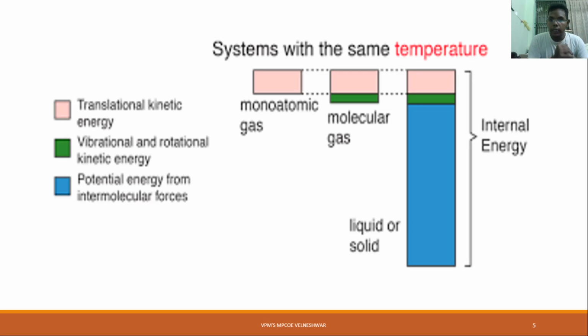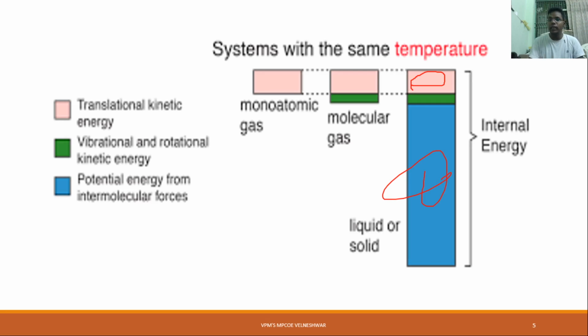See here, I have shown there is one small jar. In this jar both liquid and some solid particles are there. Maybe gas is also there; gas is not visible.